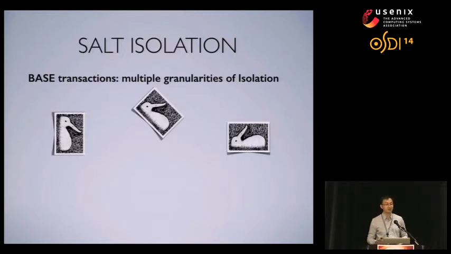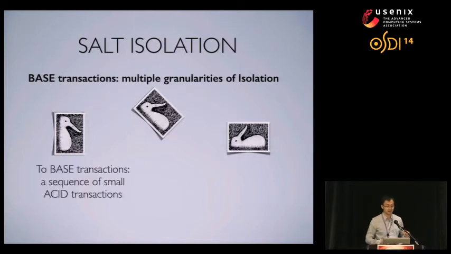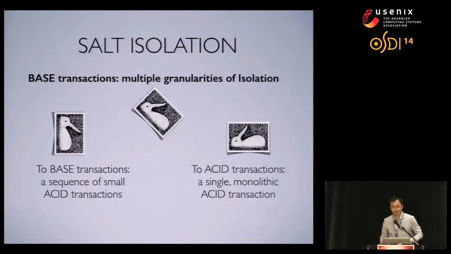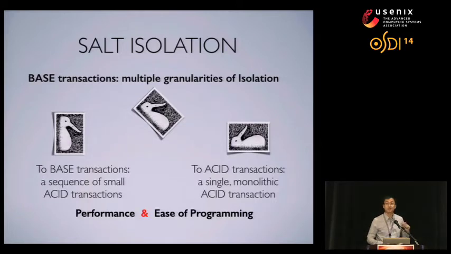So SALT isolation plays a similar trick here. It ensures that base transactions, when seen by other base transactions, look like a sequence of small ACID transactions. However, to ACID transactions, they look like a single monolithic ACID transaction. This duality is the key to achieving good performance while keeping complexity under control.